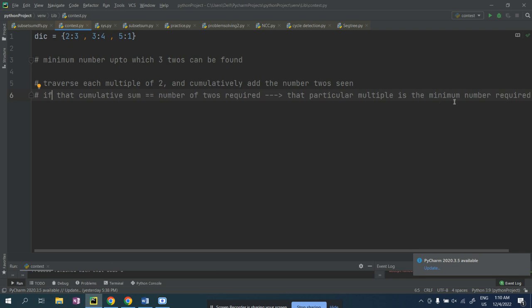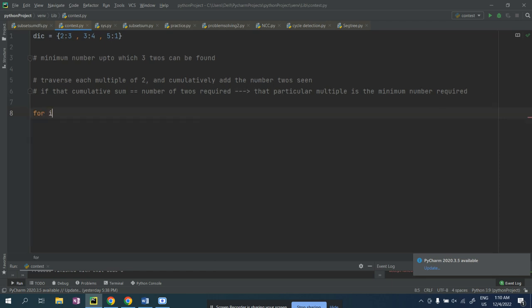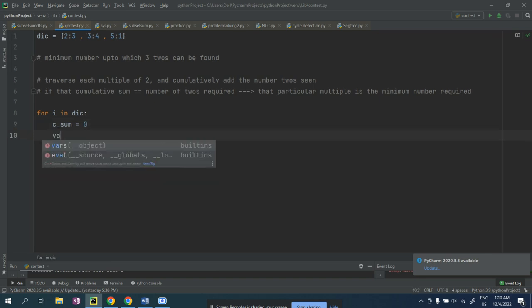So what you can do here is, for i in dec, so that is our cumulative sum is equal to 0, and let's assign the value of i, let's assign the i in a value.